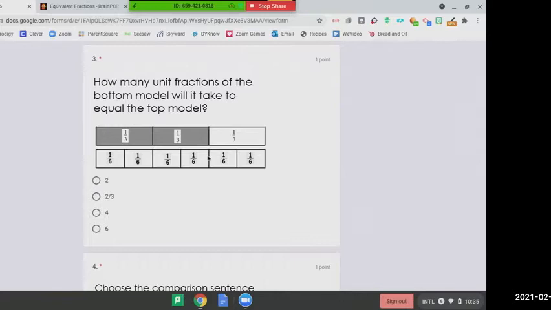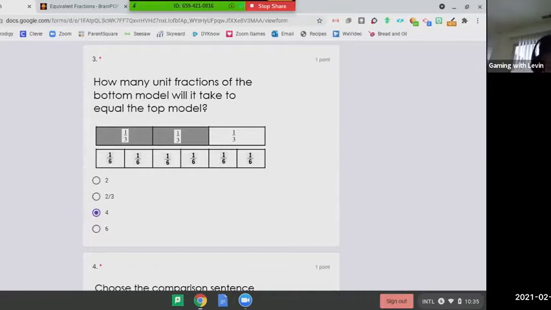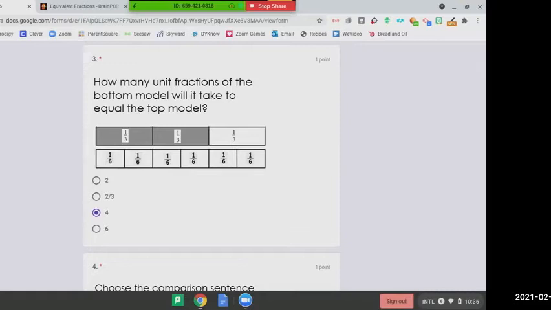I would need 1 1/6, 2 1/6, 3 1/6, 4 1/6 pieces to equal 2/3. So I would need 4 unit fractions. A lot of you selected 2/3. The question is not how much is shaded on the top model. The question is how many unit fractions of the bottom model would I need? Okay. Any questions on that?